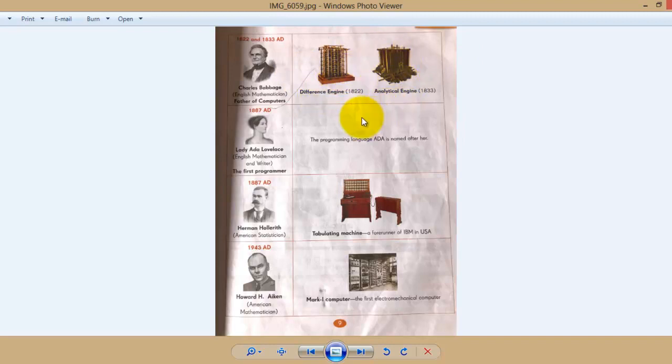And the programming language was developed in the 19th century, in 1887. After that, the tabulating machine was invented, and later on the Mark I. So later chapters we will discuss in a later class.